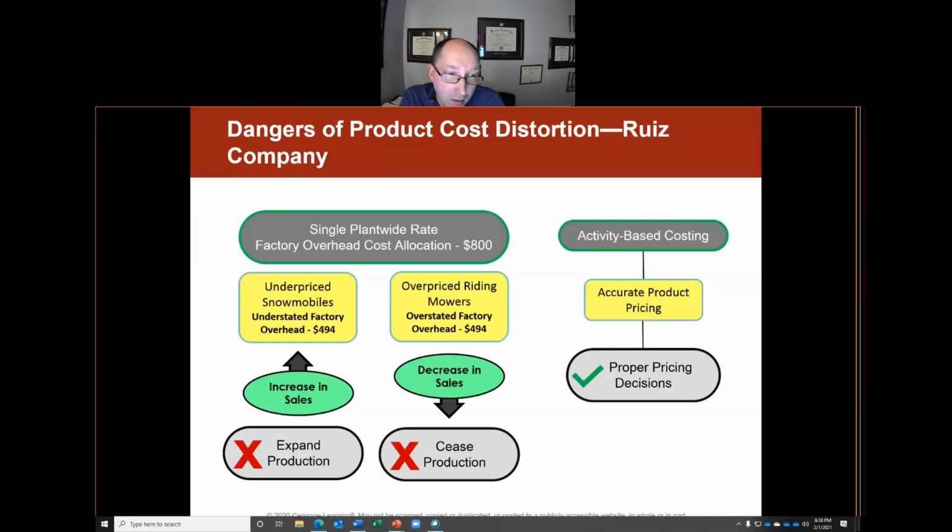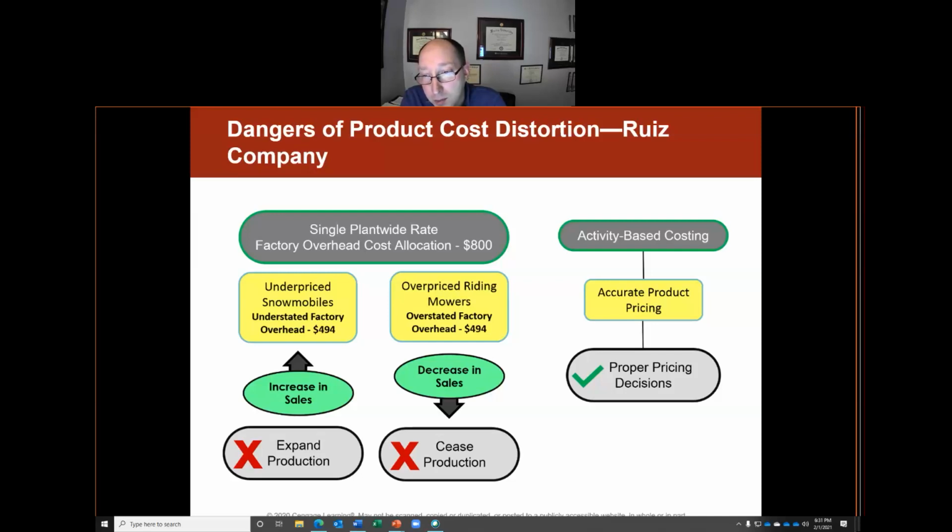If we were to mistakenly overapply factory overhead by $494, we would increase sales, resulting in increased sales, we would not expand production. If we underapplied factory overhead by $494, we would decrease sales and we would stop production.